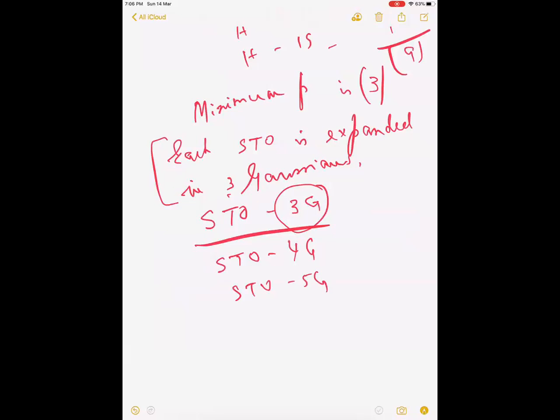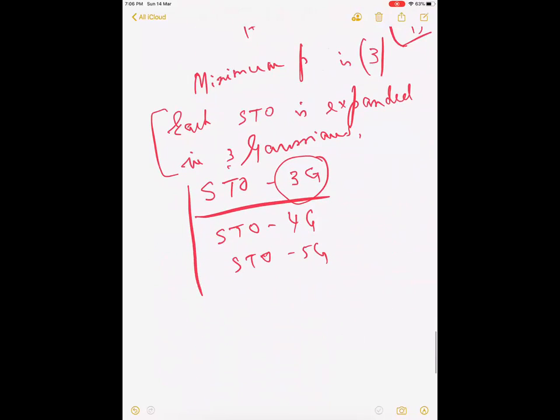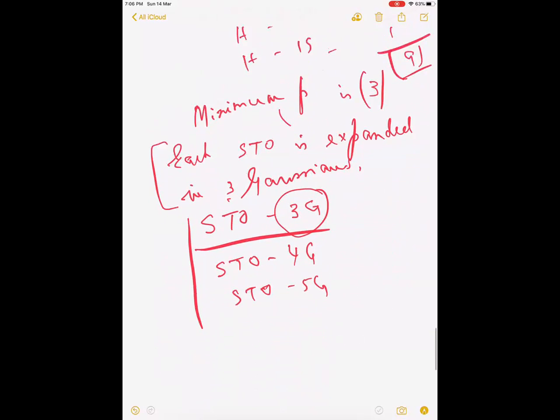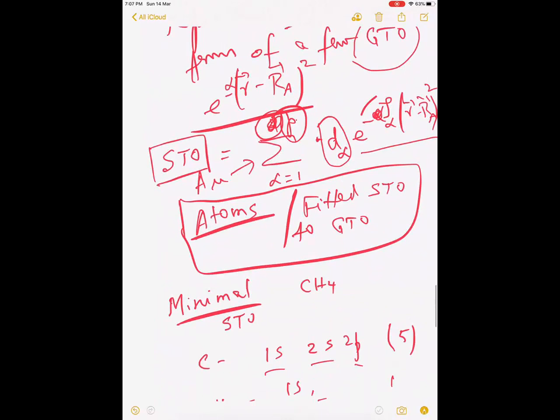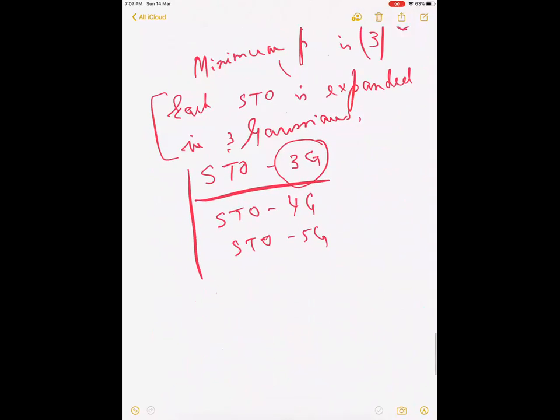I am not changing the number of atomic orbitals. I am only changing the description of each atomic orbital by introducing a larger number of Gaussians, from 3 to 4 to 5 to 6. But each of these belongs to the minimal basis.